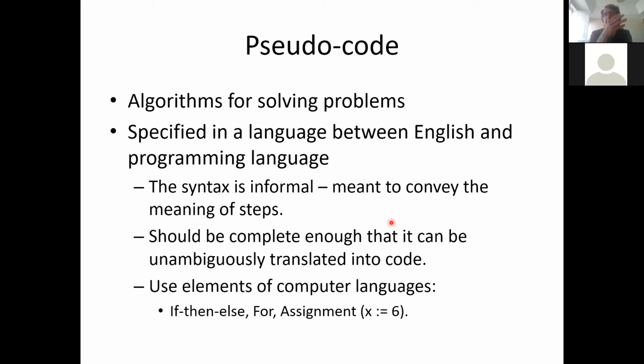So it's not C++, it's not Java, it's not any other programming language really, but every code that we give you, if you know any particular language, you can map it into it. And so the syntax is informal. It's just a means to convey the steps. And we are not going to hold you responsible for any formal syntax, as long as you communicate what an algorithm does in some way that we can understand, that's fine.